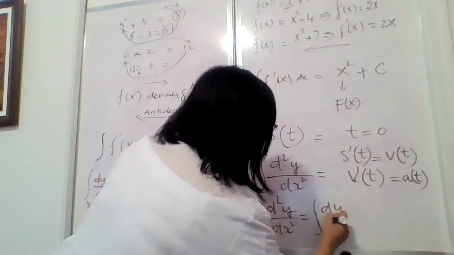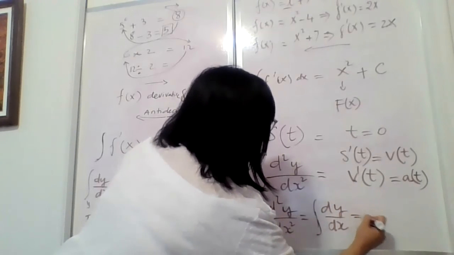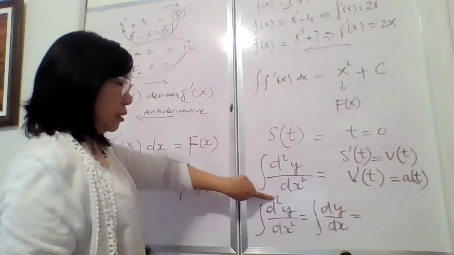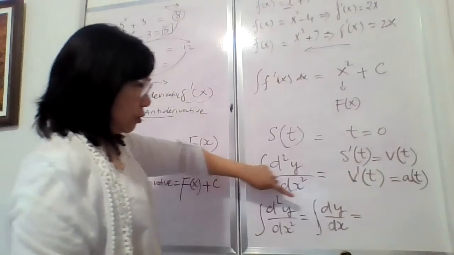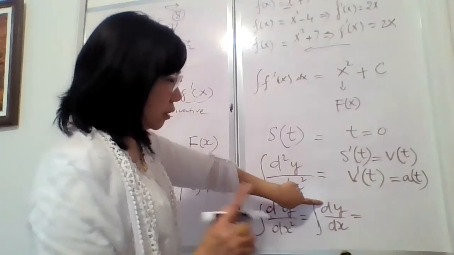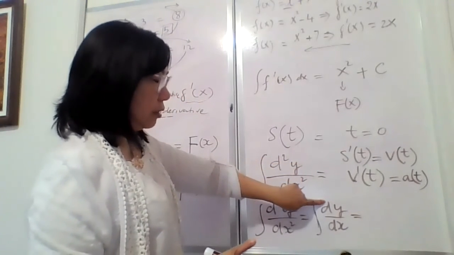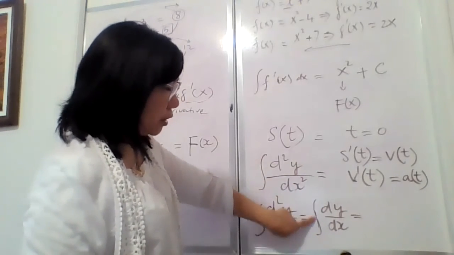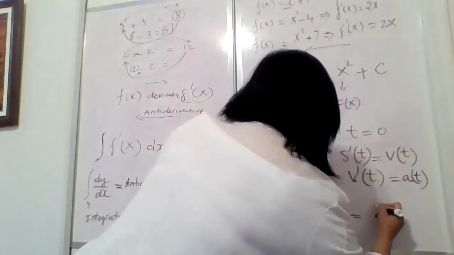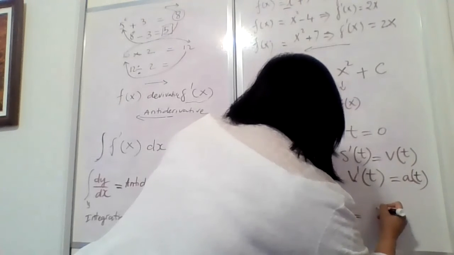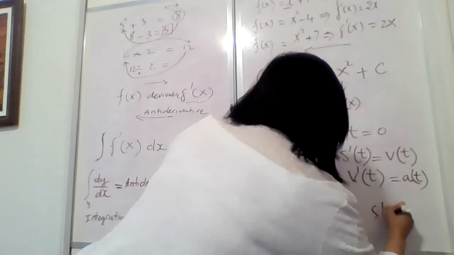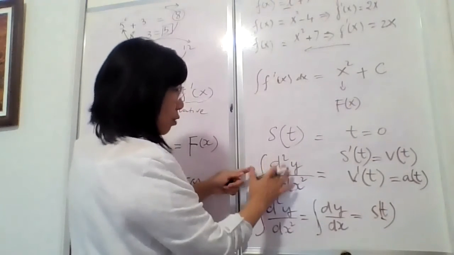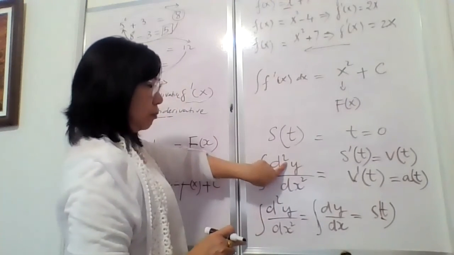Now, if you take the iteration of this v prime of t, which is dy over dx, this is the second differentiation. So this goes back to the original, the first differentiation. You take the antiderivative or integration of this and you get back the y function, and your y function is just s of t. So you have to integrate twice. That's why the square comes from here.